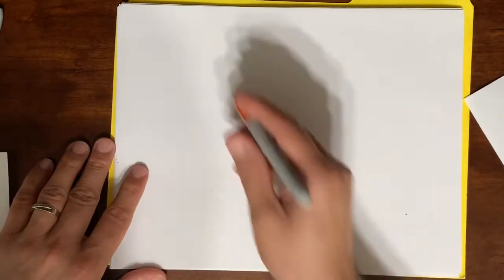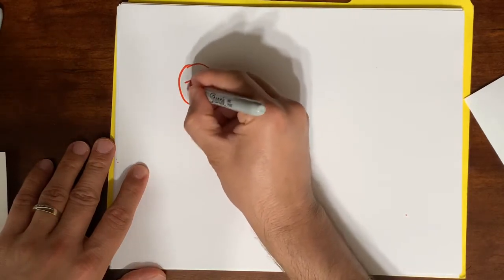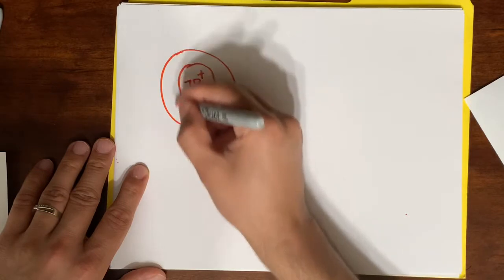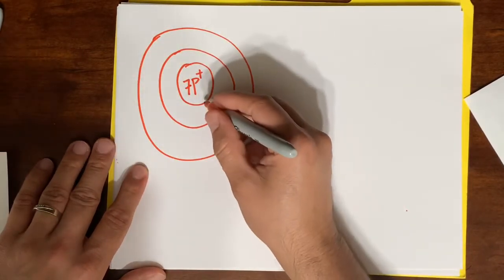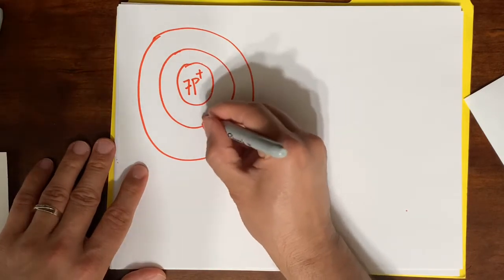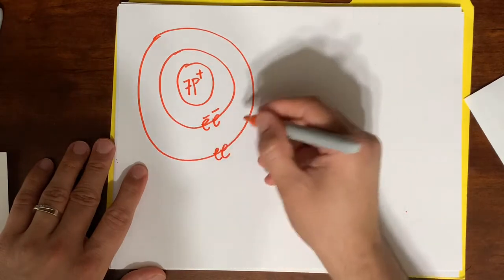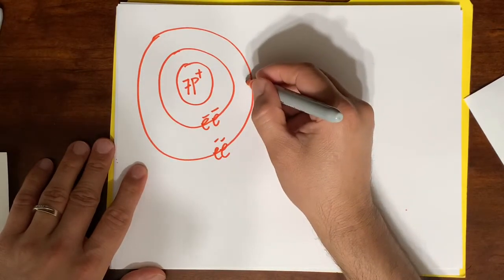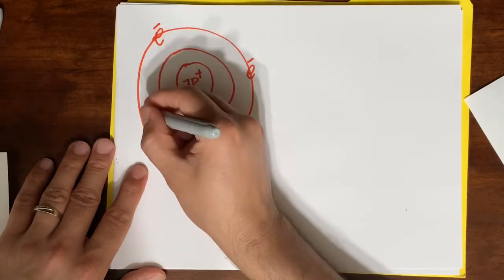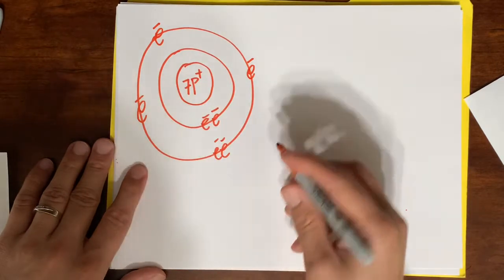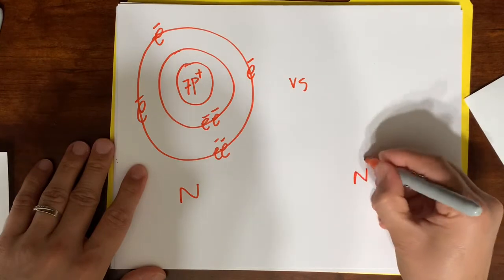For nitrogen, we said this is the nucleus with 7 protons. N1, N2. For nitrogen, n1 is going to be 1s2, 2 electrons, then we have 2s2, then we will have 2p3. Versus this, nitrogen n minus 1.